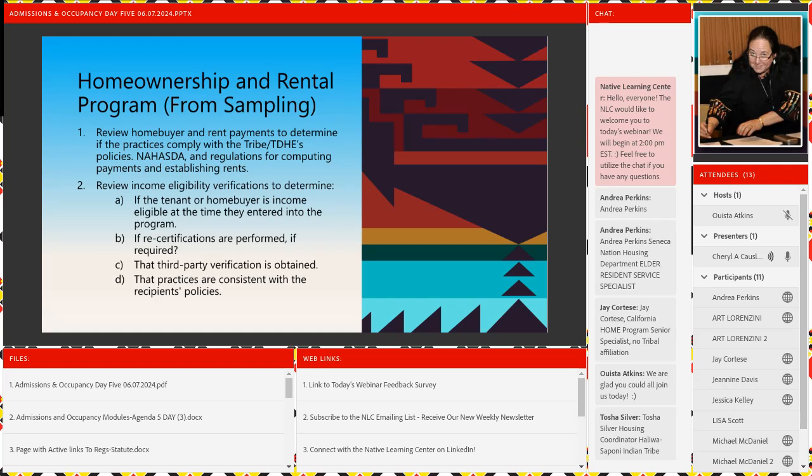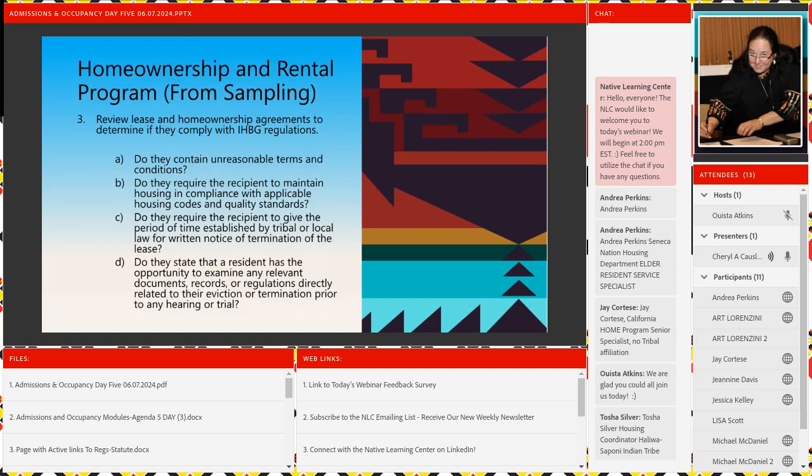Third-party verification is obtained. Practices are consistent with the recipient's policies. If that tenant is income eligible at the time they entered into your program. So they're going to look at all of that. Regulations for computing your payments, establishing your rents. They're going to look to see if you've told them what method you're going to use.